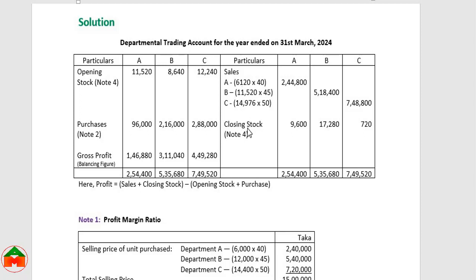By adding the closing stock with the sales, the total amount is 2,54,400 in Department A, and from this balance we have to deduct the opening stock and purchase to arrive at the gross profit.